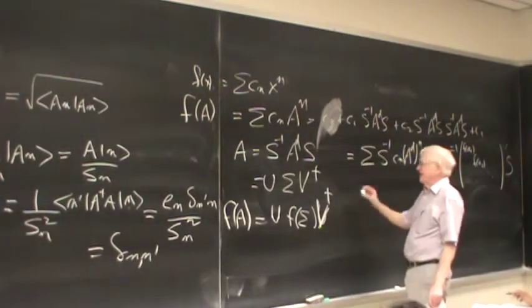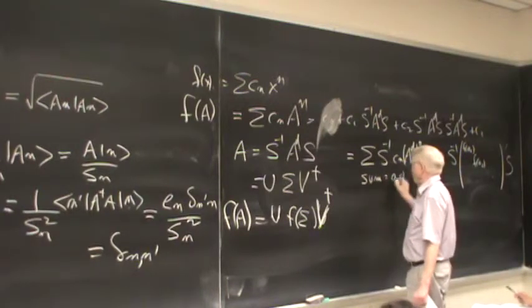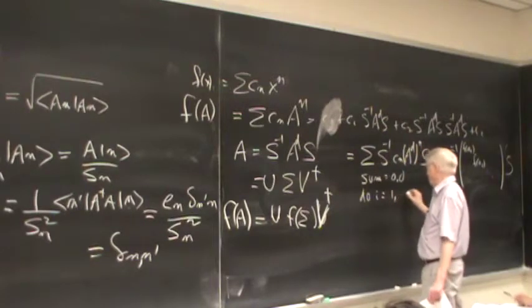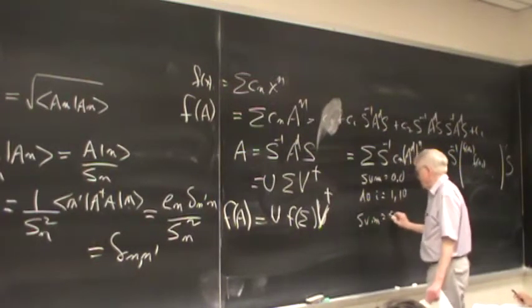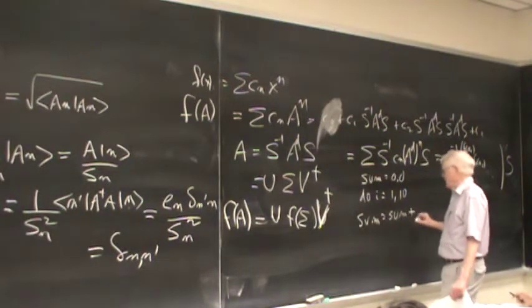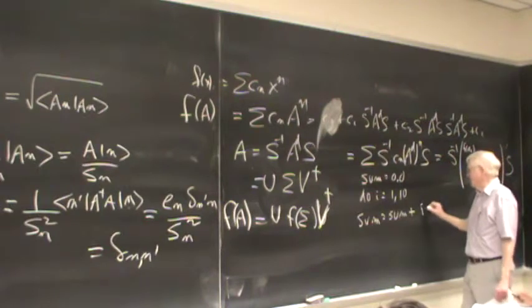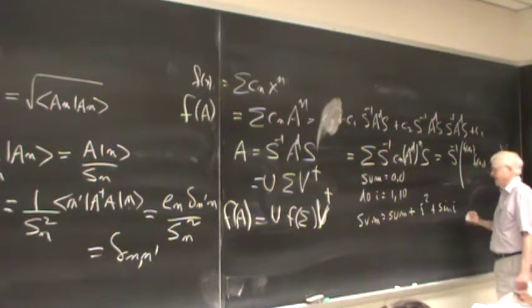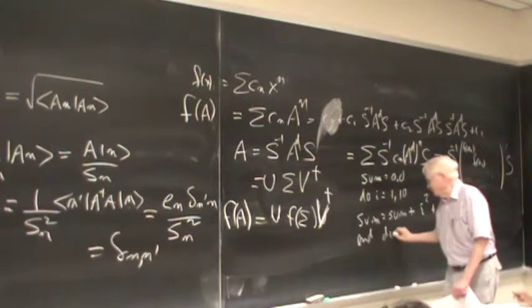Let me give you the syntax in Fortran. Sum equals 0. Do i equals 1 comma 10. Sum equals sum plus, and previously you might have defined, well, let us say i squared plus sine of i. End do.